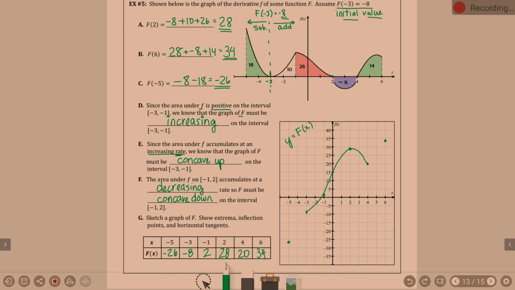Oh, it's hard because of the way these points are to get them exactly right, and I don't have anything labeled. I mean, the extrema kind of show up along the way. The inflection points kind of show along the way.